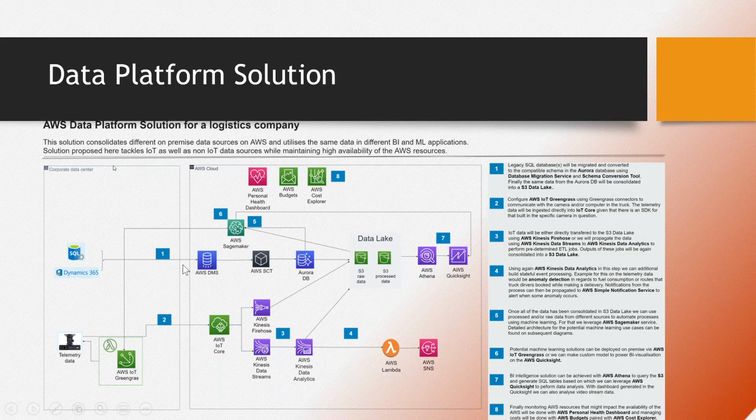And now if you take a step back and go to the telemetry data, here, as I said, it's an IoT. So we need to think about other ingestion services that need to be performed. The good thing about this and the requirement that they had, again, hypothetical assumption, it doesn't have to be correct, is that the telemetry data is collected in a device that has a native AWS SDK for IoT core.